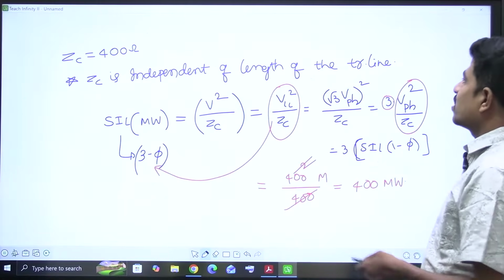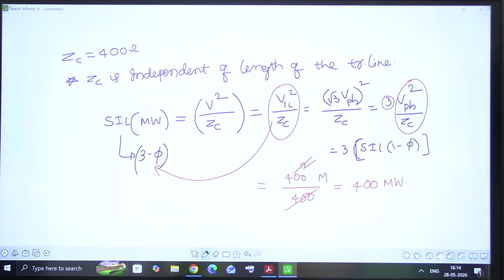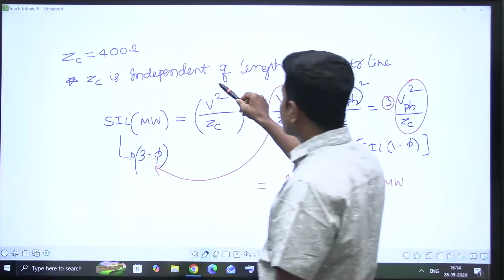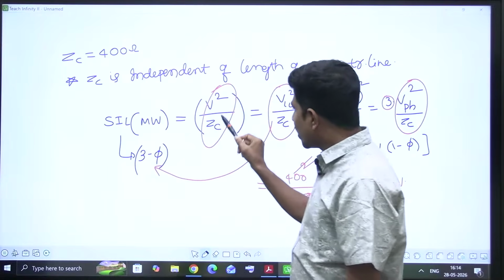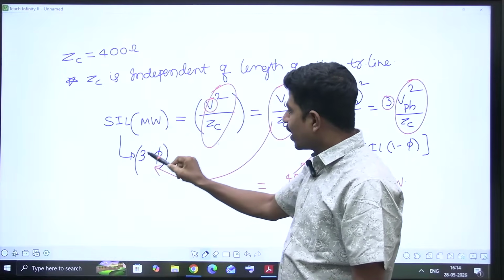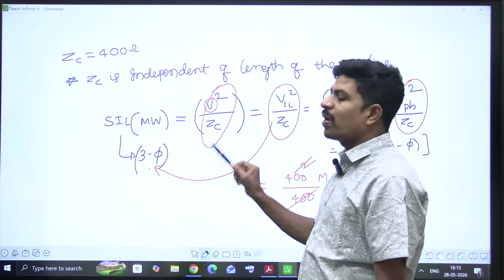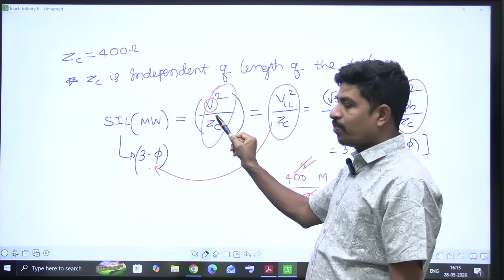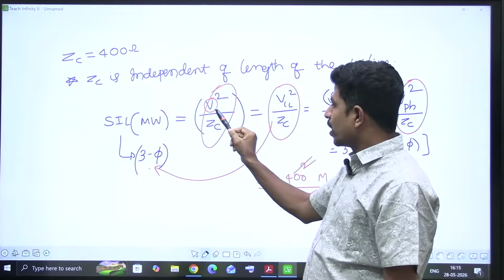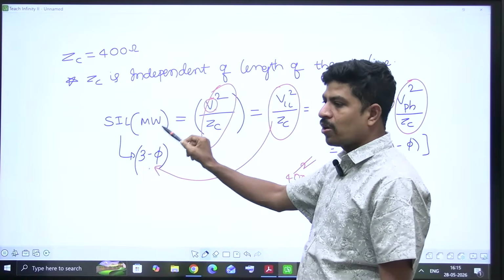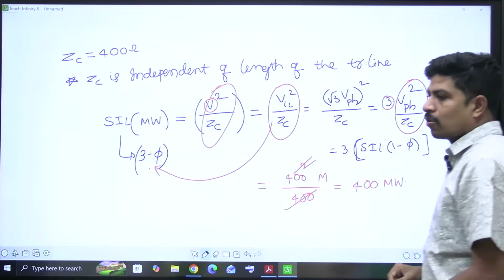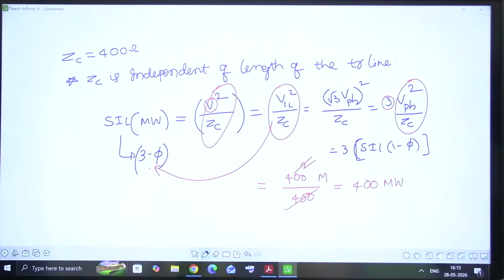Surge impedance is independent of the length of the transmission line. When applying this formula, be cautious: if you take this voltage as line voltage, you directly get 3 phase power. If you take per phase voltage, you will get single phase power. If you want 3 phase power, you have to multiply with 3.